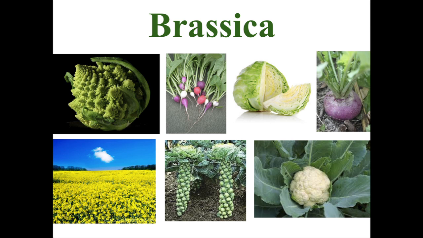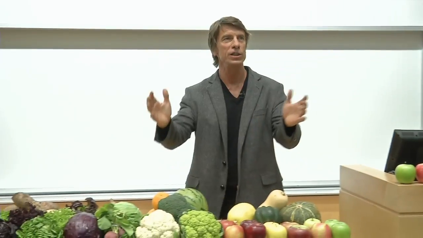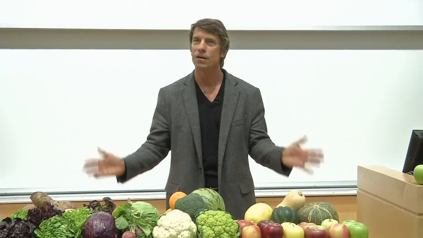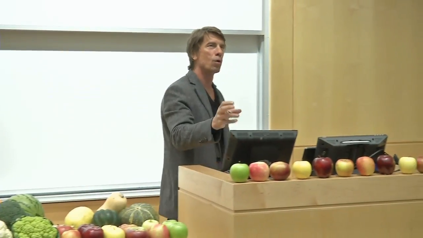But the Brassicas give us a wide range of different vegetables, including broccoli and cauliflower and the Brussels sprouts and cabbages and turnips. Radishes are also Brassicas. So this one genus alone has given us a wide variety of different vegetables, all that have been selected for out of a wild cruciferous precursor.